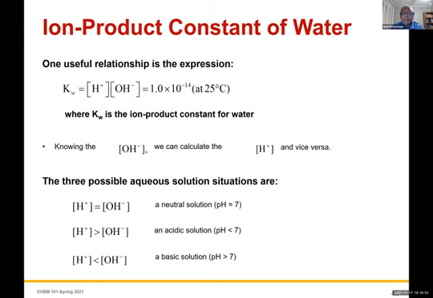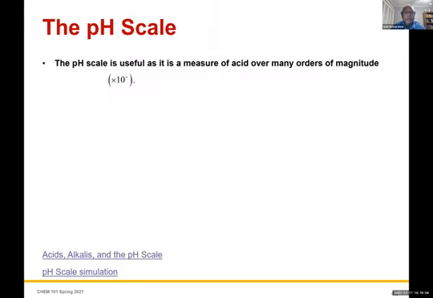The pH is only between 0 and 7 for water because it's decided by the dissociation equilibrium of the ion product, Kw. The pH scale is used as it measures acidity over many orders of magnitude. So the pH scale avoids 10 to the negative powers.